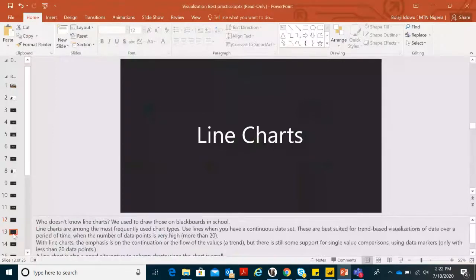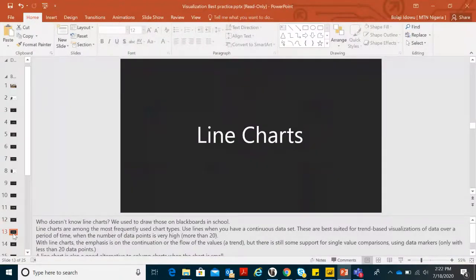Let's look at lines. So when do you use line? Who doesn't know line? Those things you draw in secondary school days or primary school. You just take a chalk or a pen and then you represent something. Somebody was saying that back in the days before the eras of data presentation and data visualization, people have always presented reports with some pictures.